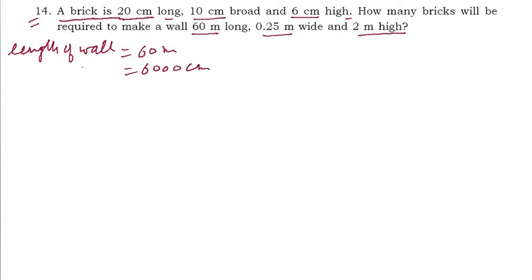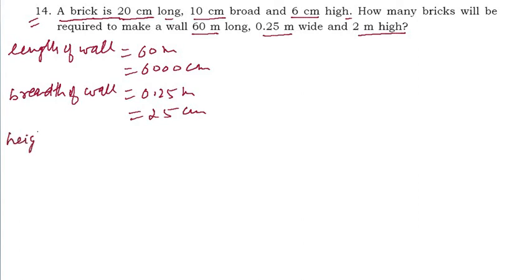Now length of wall is, now breadth of wall. It is given as 0.25 meters. So you can write here 0.25 meter. So it will be also changed into centimeters, 25 centimeter. Now height of wall. That is the 2 meter height.